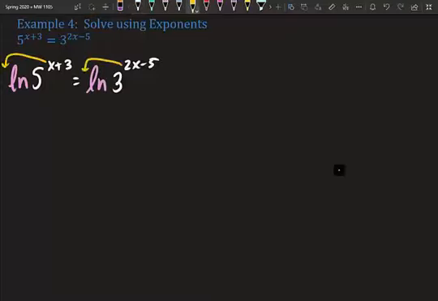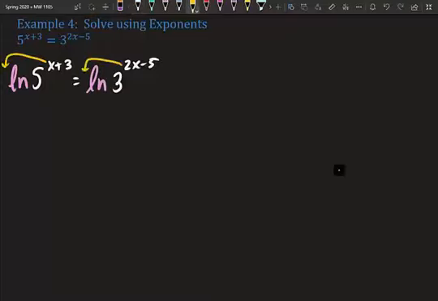This does not have an x, so I don't want it on the x side, so I'm going to move it over. And now we have x ln 5 minus 2x ln 3 equals negative 5 ln 3 minus 3 ln 5.